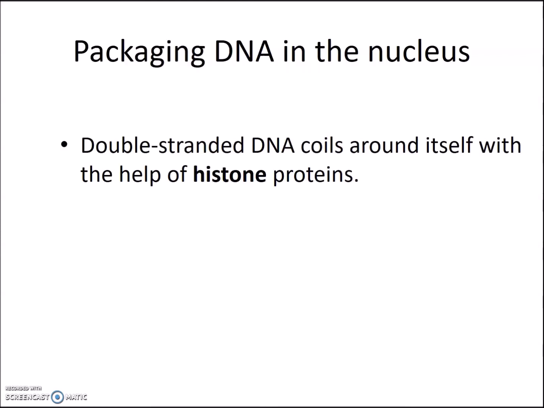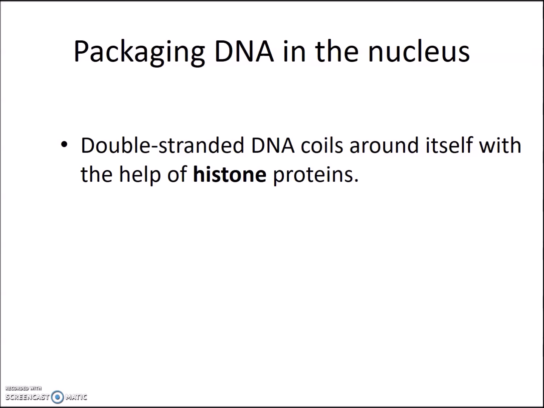Okay, I mentioned earlier that DNA is packed tightly in the nucleus. Well, there are other proteins that help to pack the DNA tightly. Think of this, students. Let's say you have a really, really long strand of wire, maybe 100 feet long, and you want it to not get all tangled up. Well, you could use a spool.